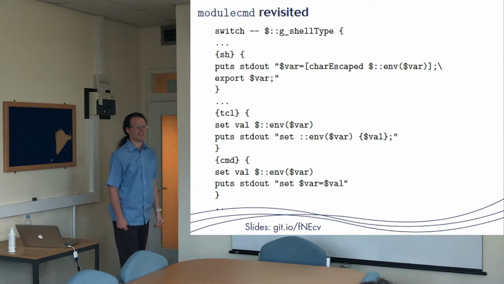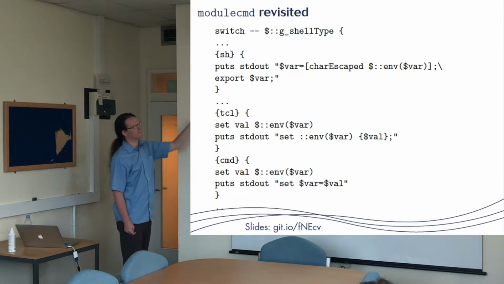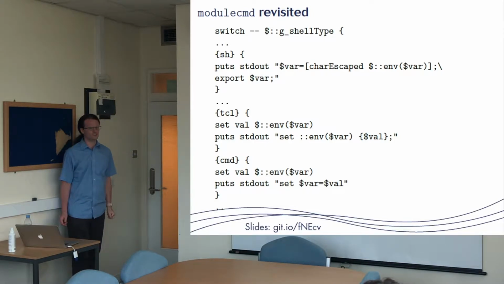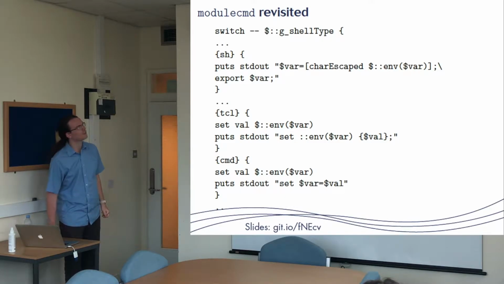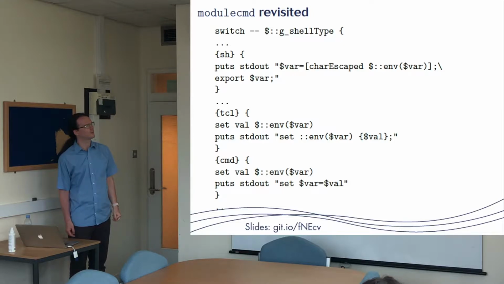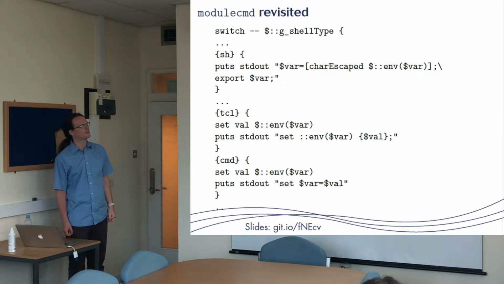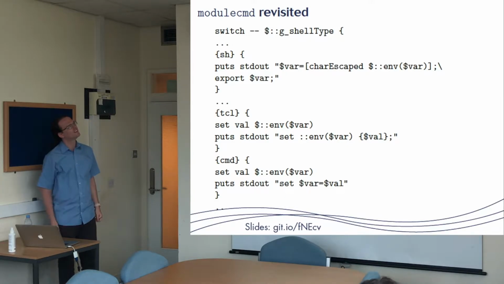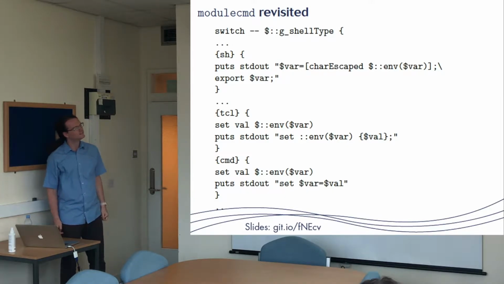Incidentally, this does support a wide range of shells, things like TCL, CMD, that's the Windows command interpreter. It also supports Python as a shell. So it's surprisingly versatile in what it supports. But yeah, it is always outputting to standard output and then running using eval, which is still slightly horrifying.